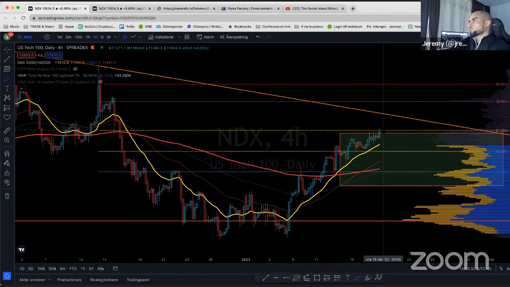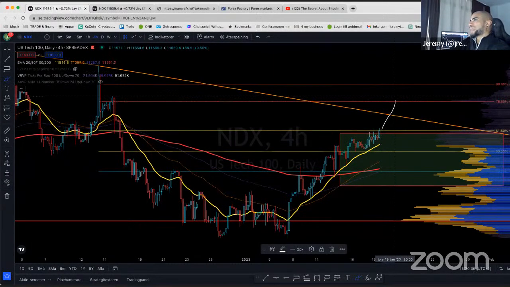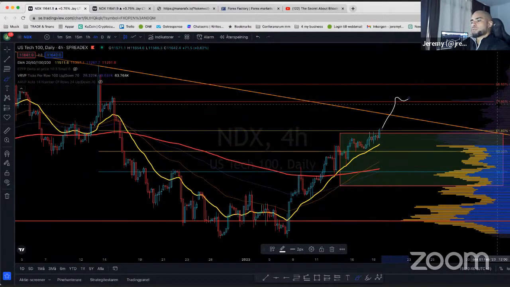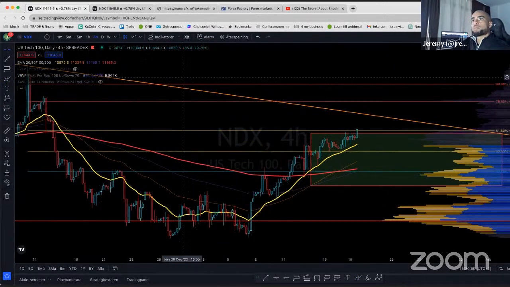If it holds, I'm expecting the market to go all the way up to this supply zone we got here, between the 78.6 retracement and the 88.6 retracement level. That's what we're looking at on the 4-hour time frame.